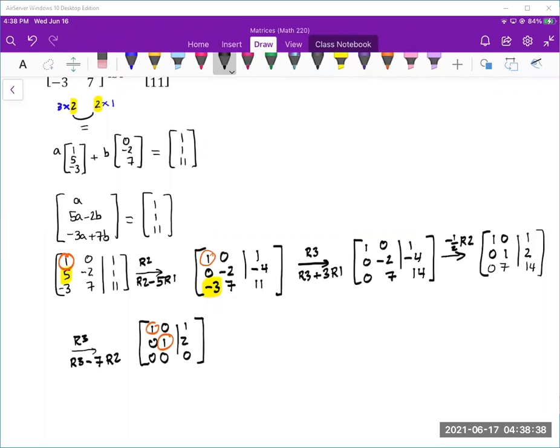This tells us that A equals 1, and that 1 times B equals 2. And this final equation tells us that 0 equals 0, which is true, but it doesn't limit things. It's not very insightful. So we have a single solution here.